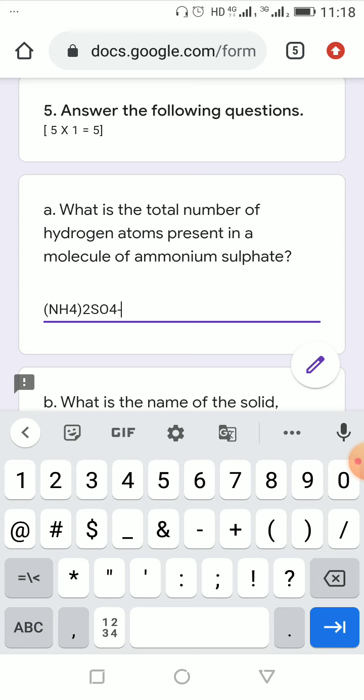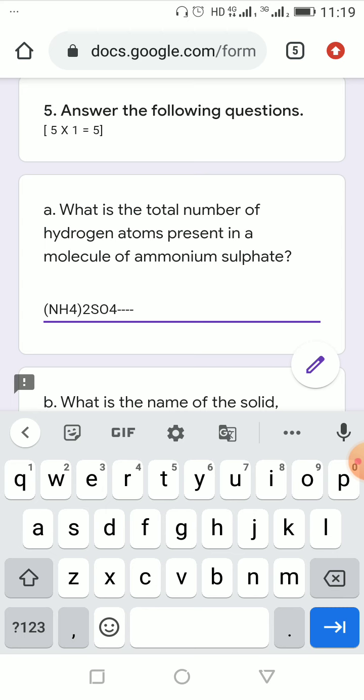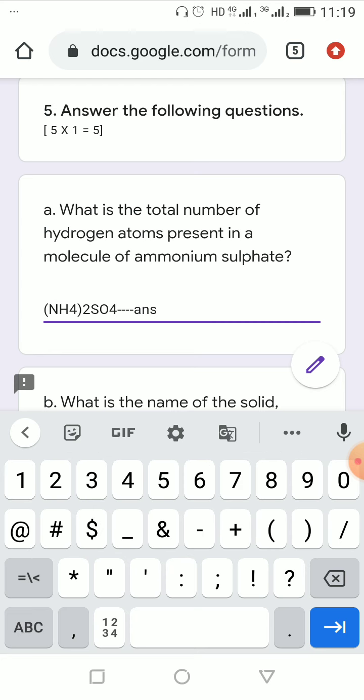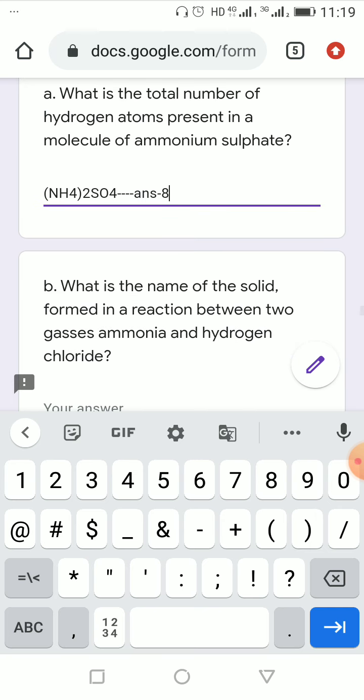So this will be only 8 you have to write here. I'm just writing that. Okay, so the answer will be 8. NH4 whole 2 SO4, so the answer will be 8.